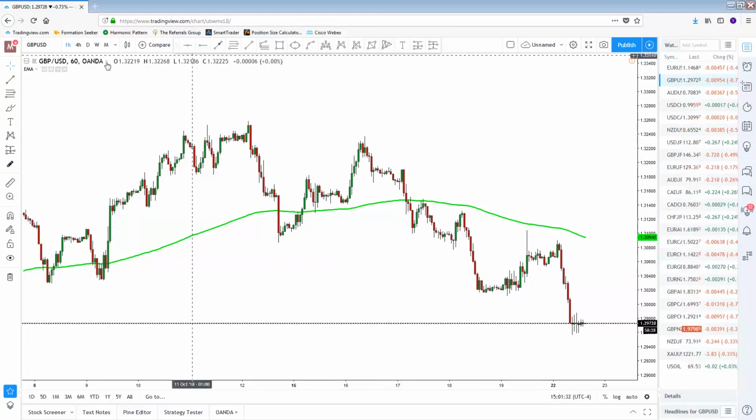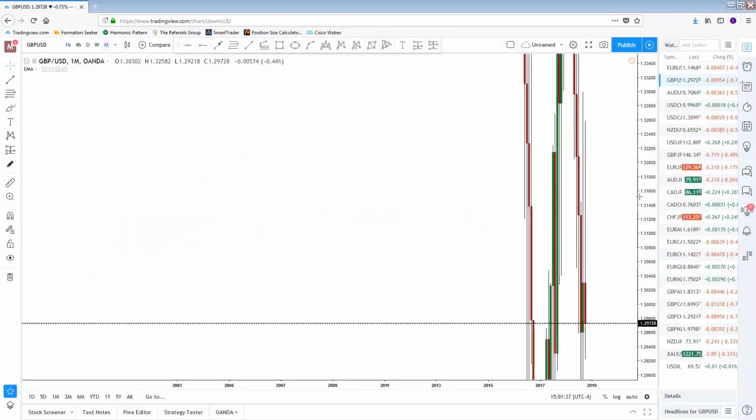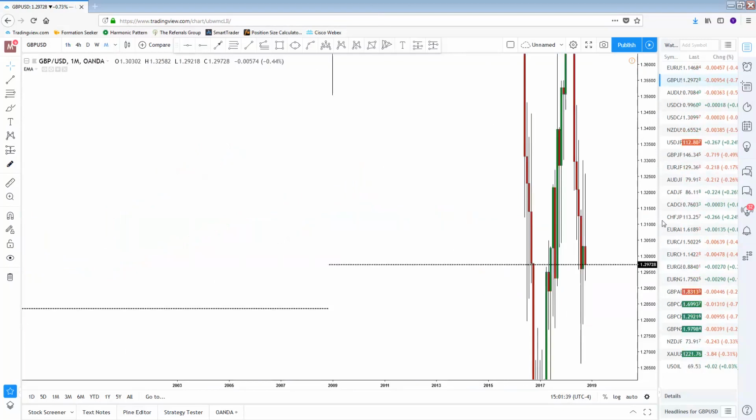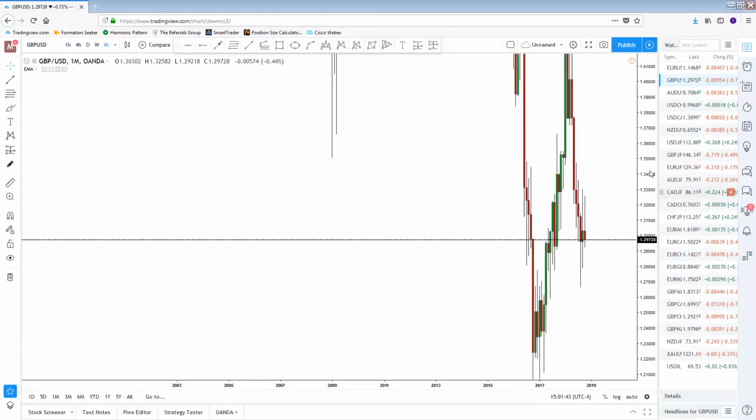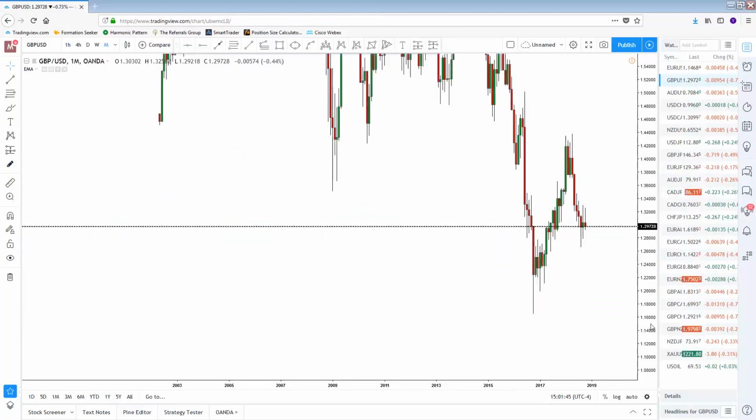Just real quick, the way I usually start out on any of my currency pairs is I'll hop over to the monthly. You don't have to do this, obviously, but this is just what I do on a daily basis. On the higher time frames, the only thing I'm looking for, nothing more, nothing less, is first, I just want to find out what direction the market is going on a higher time frame.